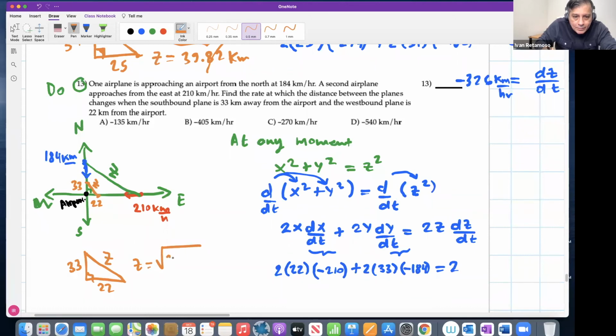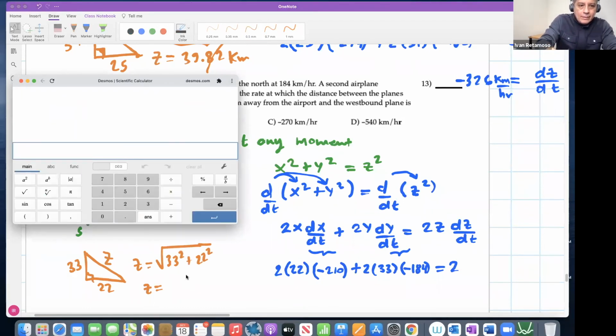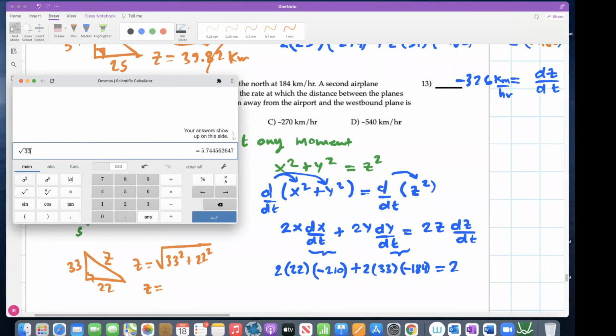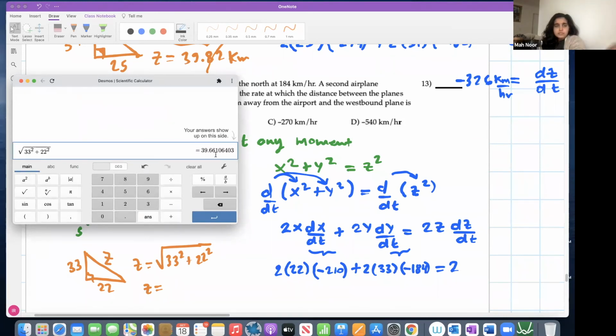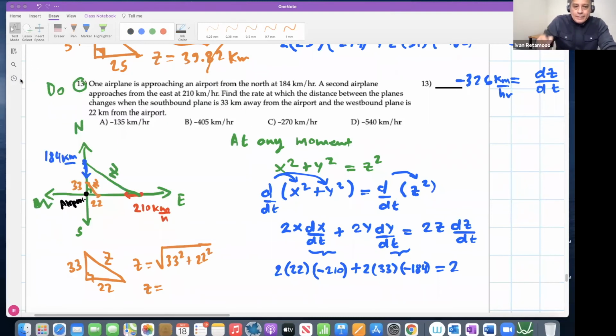As 33 squared plus 22 squared, the square root of that. That's z. So z can be found. Take your scientific calculator, use square root function. Yeah, very good. That's it. Excellent, guys. 39.66. Excellent. 39.66, right? Let's write it down.